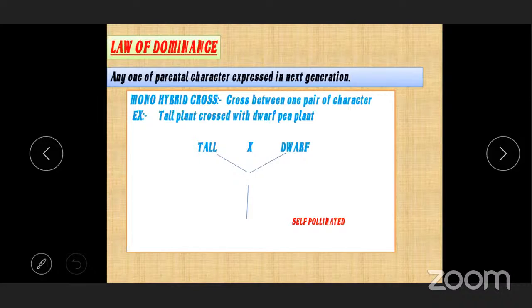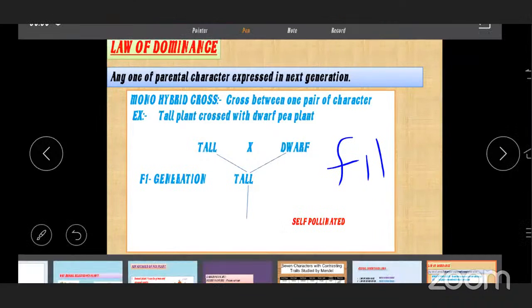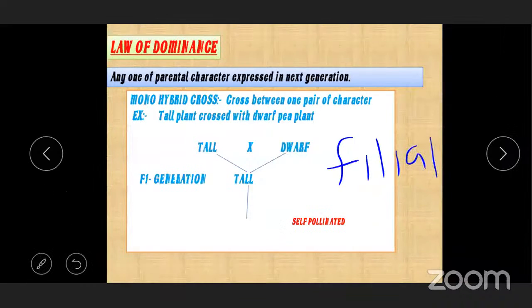What happened? In the F1 generation, F1 means first filial generation, the first generation.